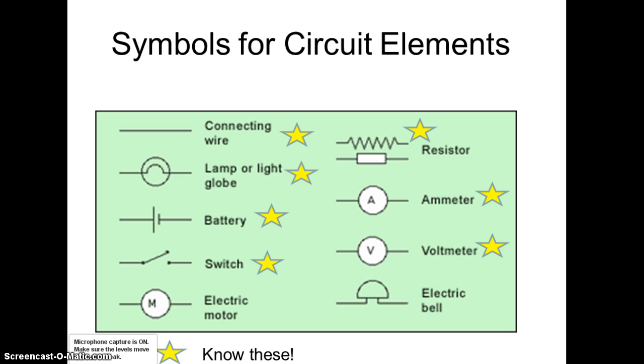Here are some symbols you will need to know when you draw your schematic diagrams. That's just a plan that shows where everything goes and how everything is connected. Notice these are the ones that you will be asked to draw most frequently. So make sure you know those and know how to draw them.